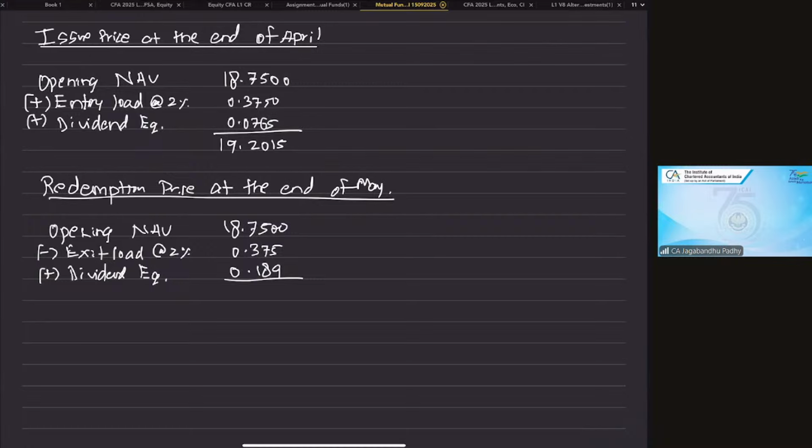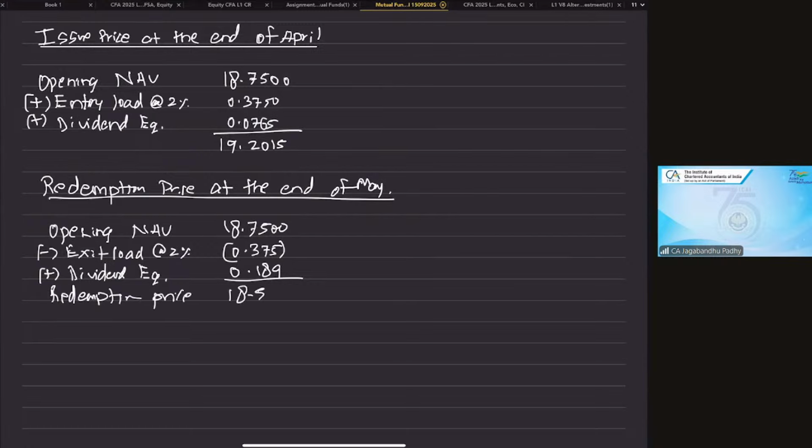I mean, this is going to be subtracted. Just give me the redemption value or redemption price. 18.564. Okay.